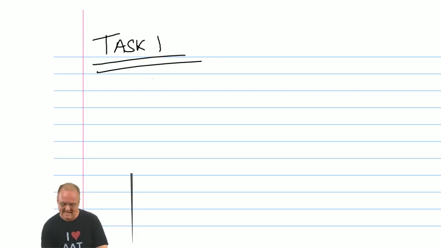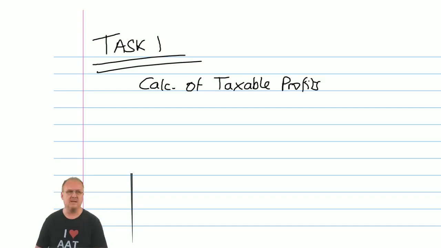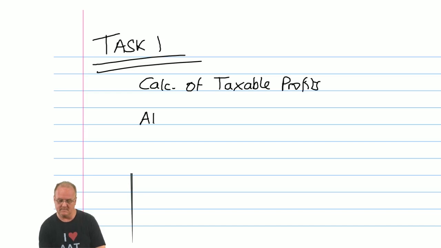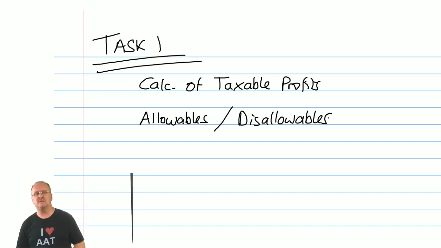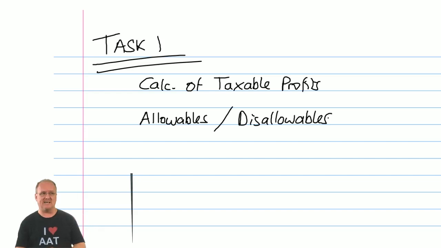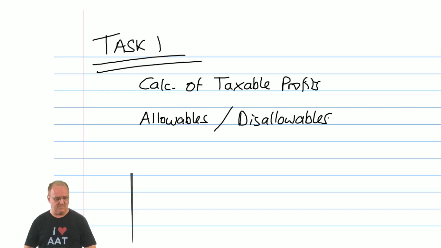Within this task, we look at the calculation of taxable profits, and that means we are going to be looking at allowables and disallowables. So, which items of revenue are going to be put through this calculation and which are not? And in a similar way for expenses, which items stay in the calculation and which items have to be removed.